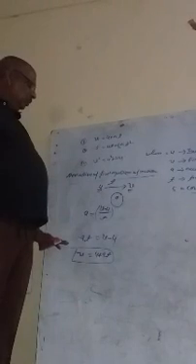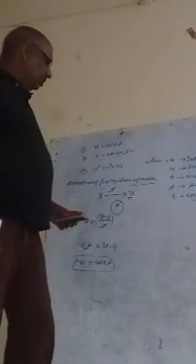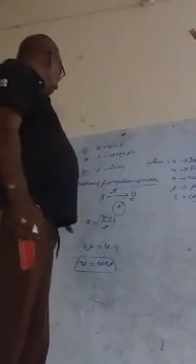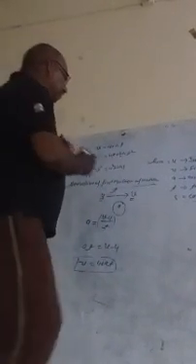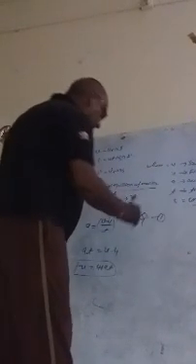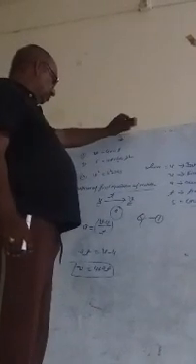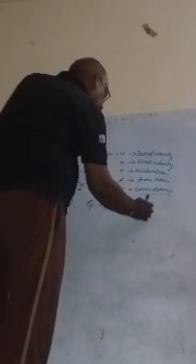You will try to understand this and write down questions related to this first equation of motion. Question number 1. A car starts its motion with 20 kilometer per hour.